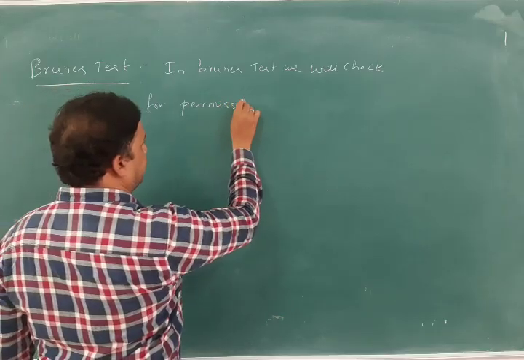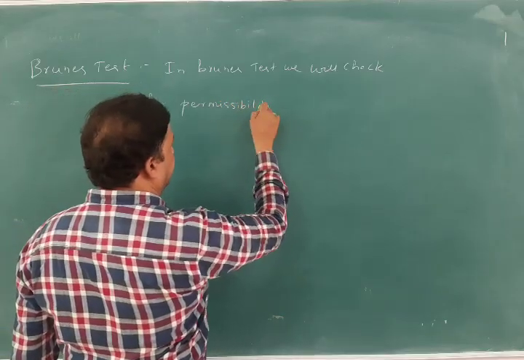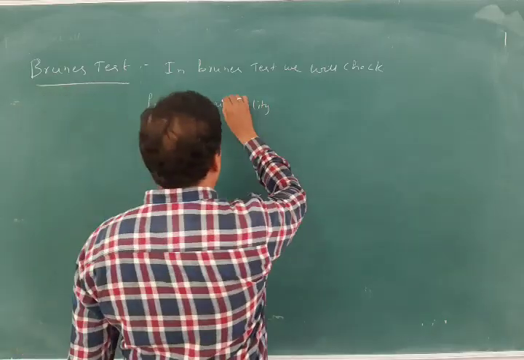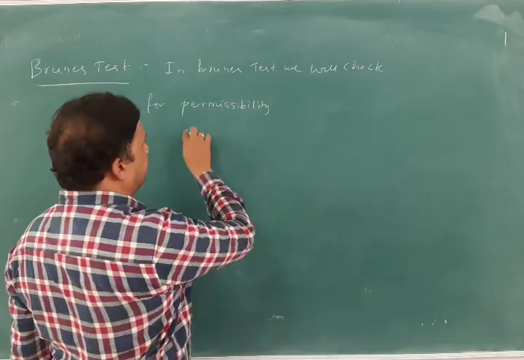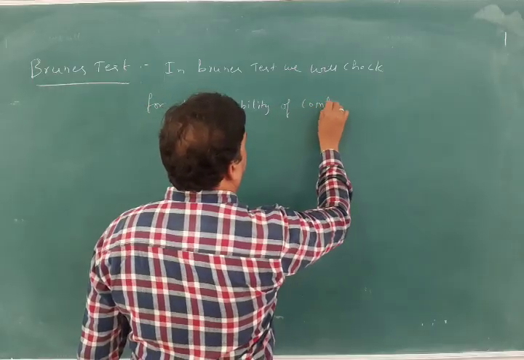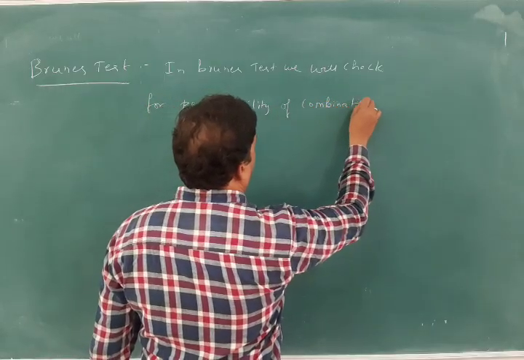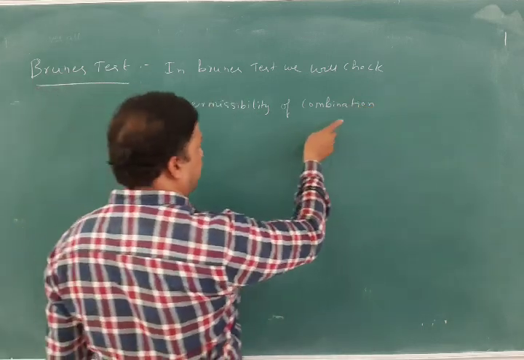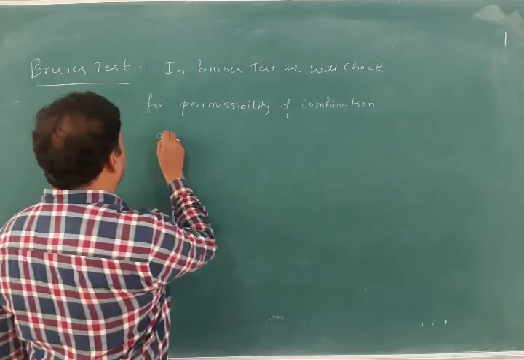Permissibility of the combination means whenever a network is connected, we have to check whether the connection given is correct or not, and then allow that connection to happen. So in the Bruns test we will check for the permissibility of the combination or connection.